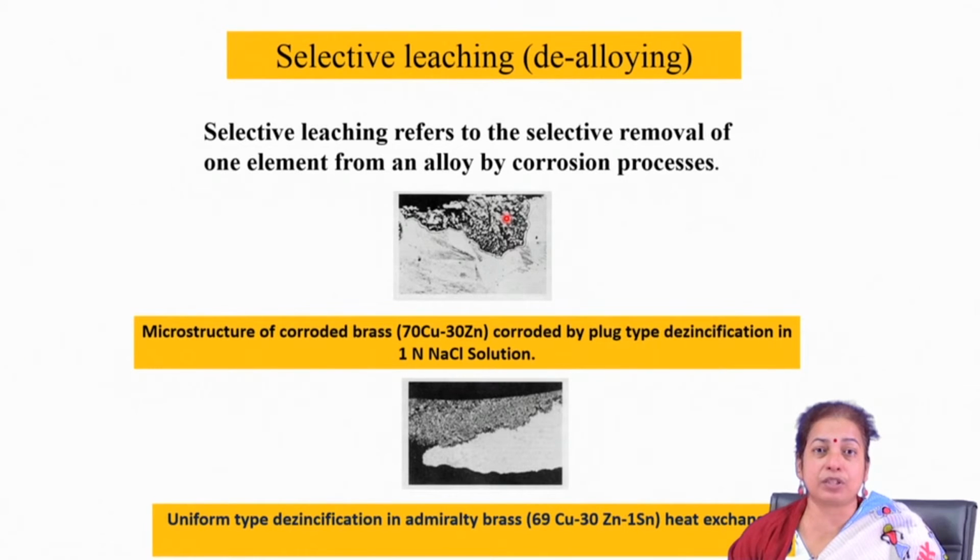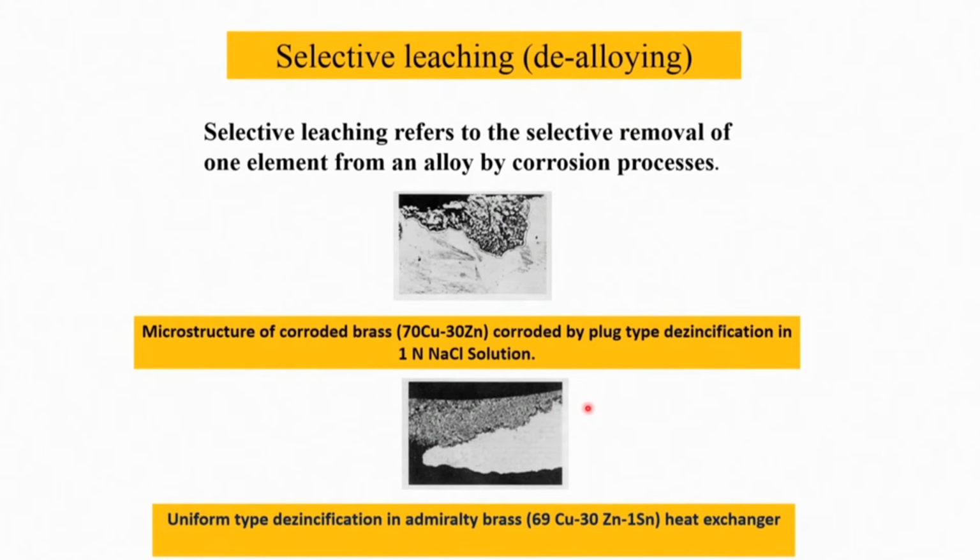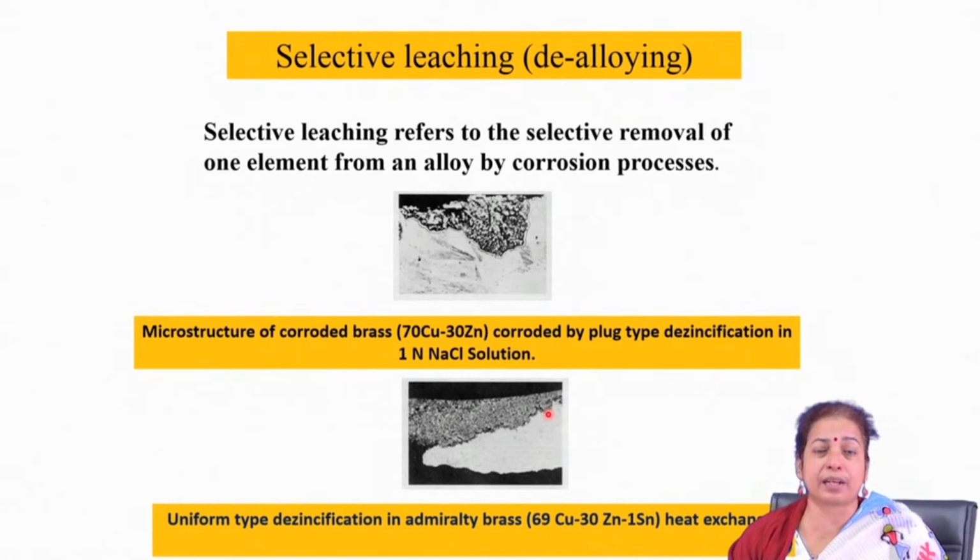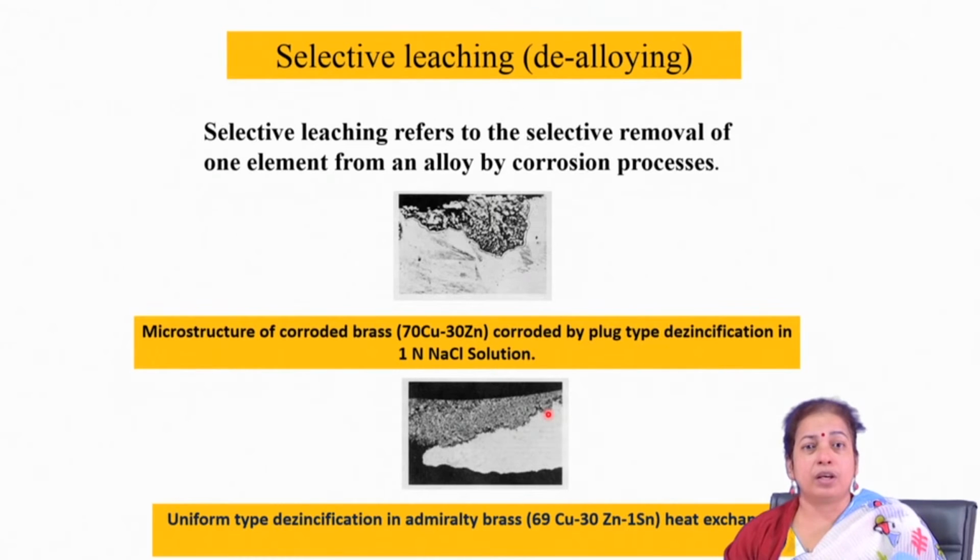It is selectively leached, and this is usually observed in acidic solution. But when the pH level is a little higher, you will find another kind of selective leaching which is called uniform leaching. Here the leaching is more or less the same all throughout the surface, with no preferential plug-like appearance. So, you call it uniform dezincification or uniform leaching.